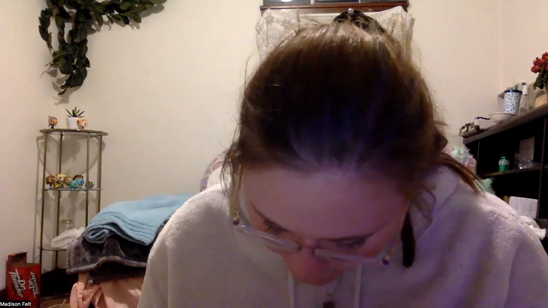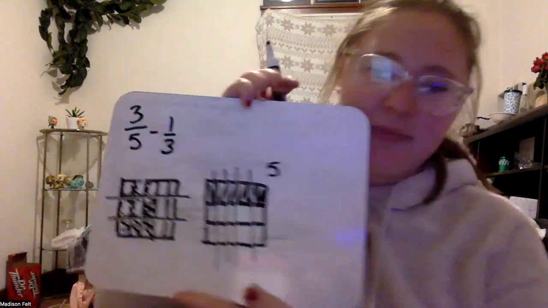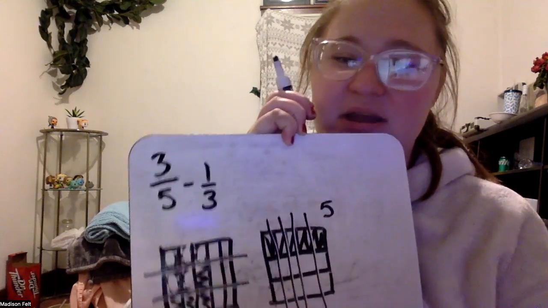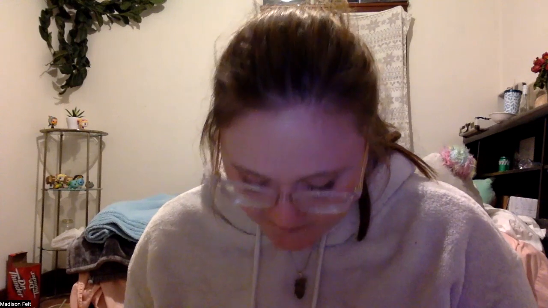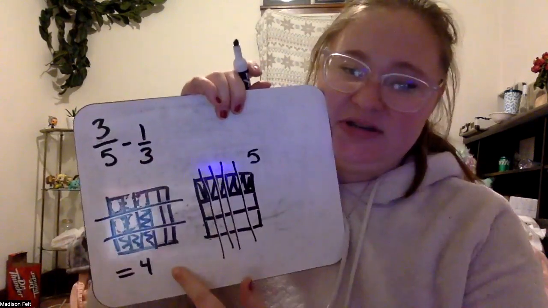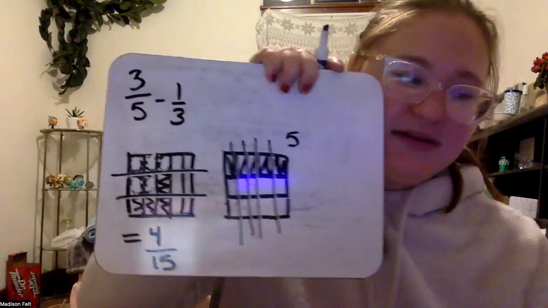So 1, 2, 3, 4, 5. It's pretty hard to see, but I did cross out 5 of them here, and we have 4 left. This is combined into 15 parts. So we have 4/15 left over.